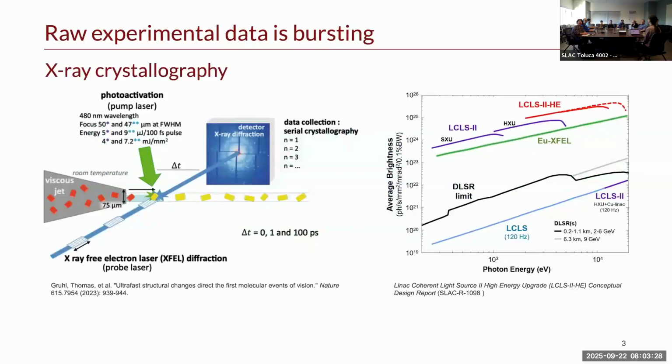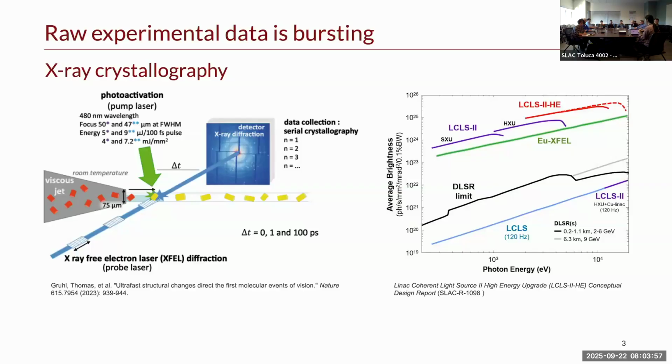For example, here at LCLS, we're upgrading to HE, which means that we're getting X-ray beams that are not only brighter, but also deliver at much higher repetition rates. And that would enable us to look at time-resolved structures to probe the dynamics, especially non-equilibrium dynamics under various kinds of perturbation, whether it's small molecule binding or temperature or other kinds of perturbation.